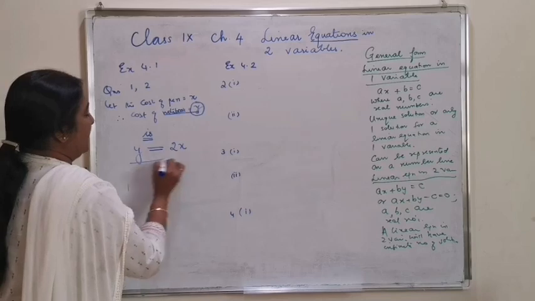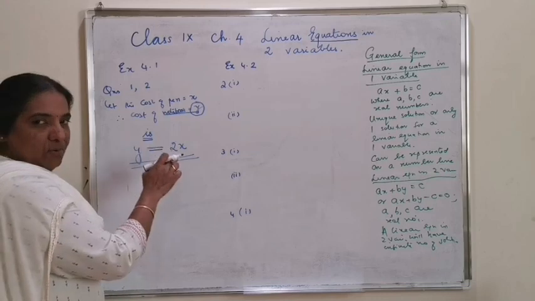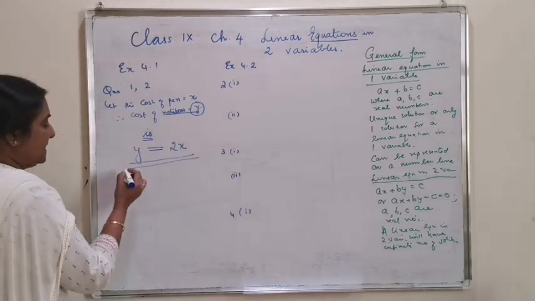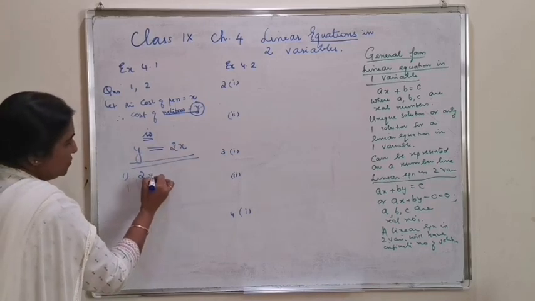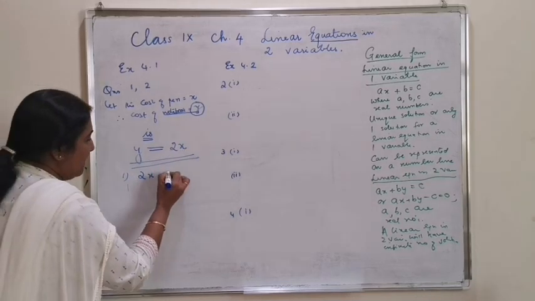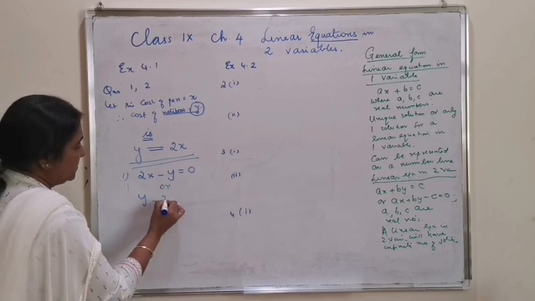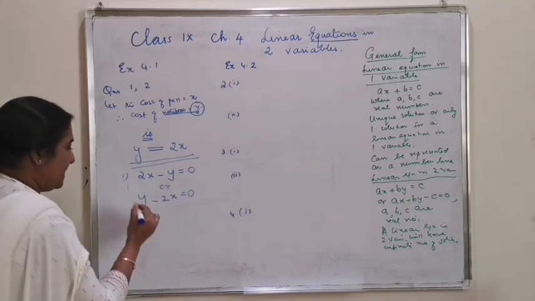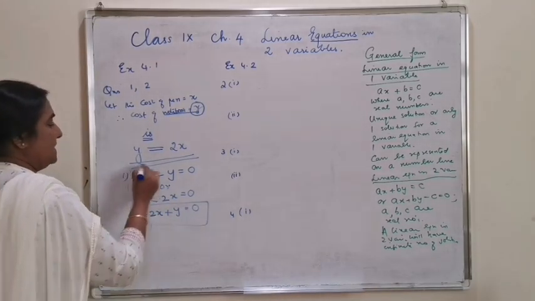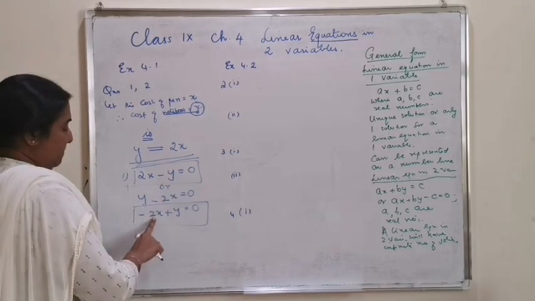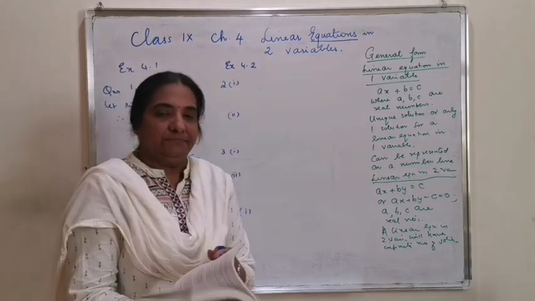Twice means multiplied by x. So the equation is y is equal to 2x, or if you want to arrange it in the general form, 2x minus y equal to 0, or y minus 2x equal to 0, or minus 2x plus y equal to 0. Since the right hand side is 0, both equations with the unlike signs are also correct.